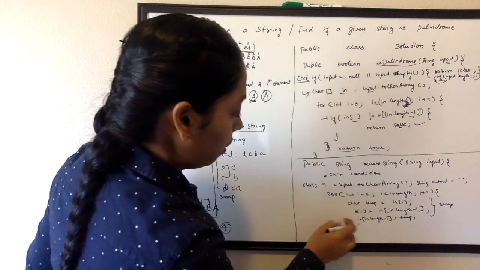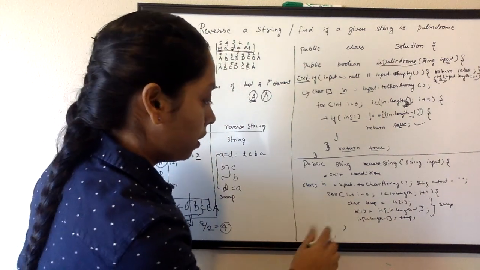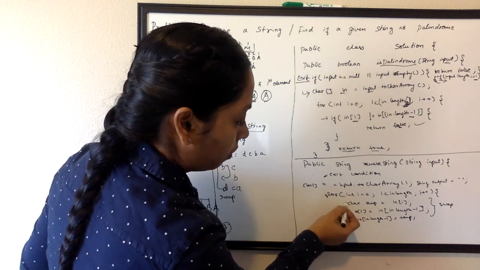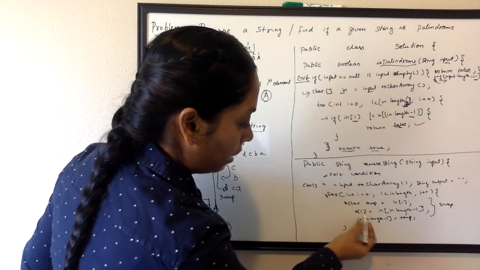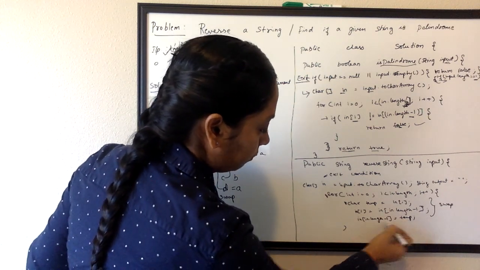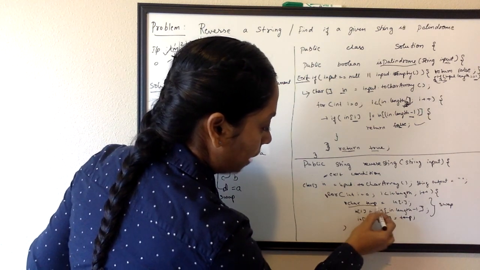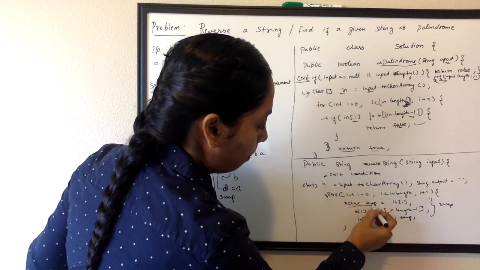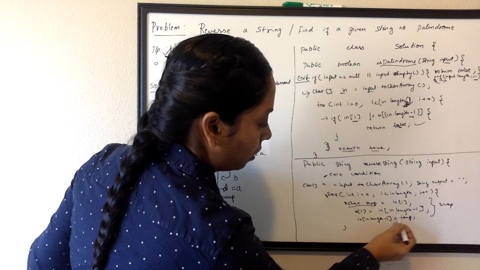And for reverse string, we just have to do a swap. So it's the same exit condition, you can have it, and for the loop, I'm converting it to a character array and just swapping it. Here I have taken a temp variable. So the temp character I've created, I'm taking the first element into the temp and replacing it with the last element.